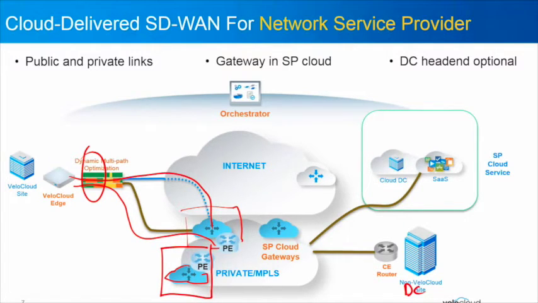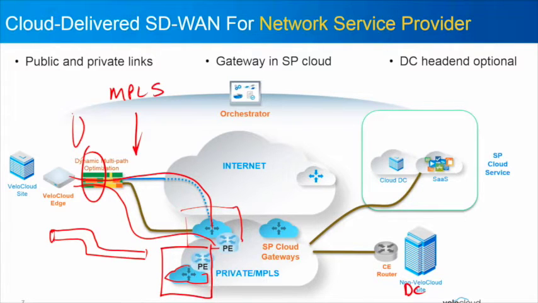So what does this mean for the service provider? First of all, the service provider can provide an augmented MPLS service. I'll give you an example. If that particular customer is running a 1.5 meg T1 MPLS connection if you're in the US, or a 2 meg E1 connection if they're in Europe, and they need to increase the bandwidth but it's cost prohibitive, the service provider can now offer a 10 meg broadband connection.